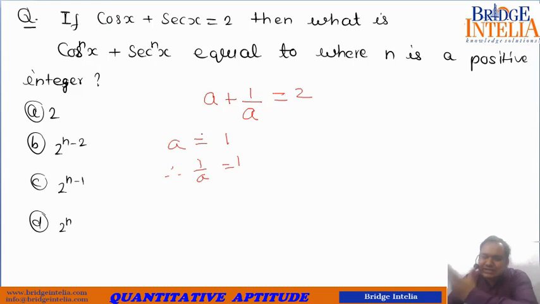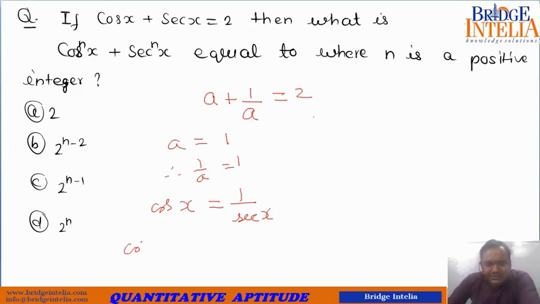So this is the key to such kind of questions. So you know that cos x and sec x are actually reciprocals of each other. So this is exactly the format, because cos x is equal to 1 by sec x. So the same kind of situation is created here, that a plus 1 by a is equal to 2. So you can safely say that a is equal to 1, which means that cos x is equal to 1.